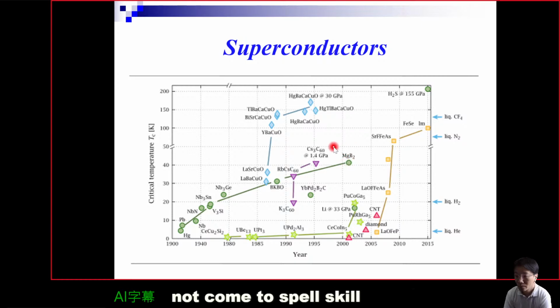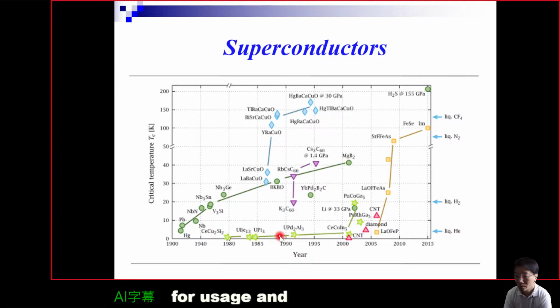We can call it a kind of alloy, but its critical temperature is still low, because in this y-axis the unit is K, so 40 K is really low. It's not practical for usage.